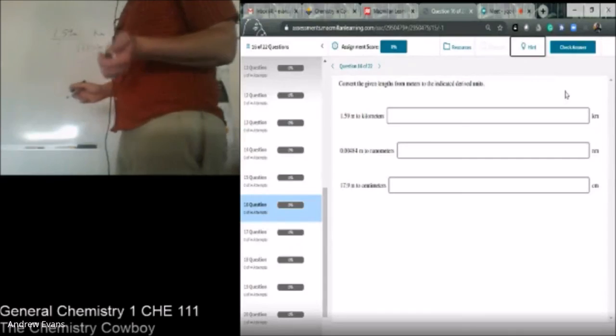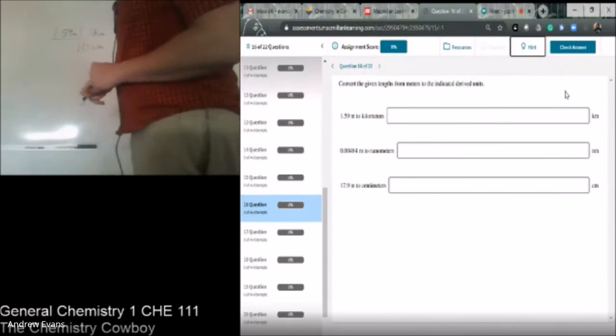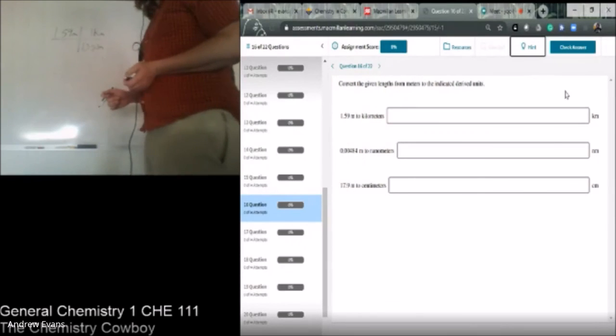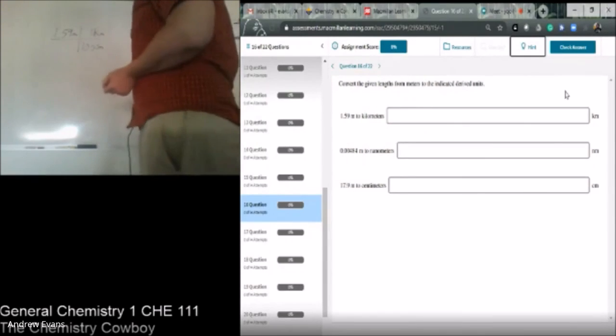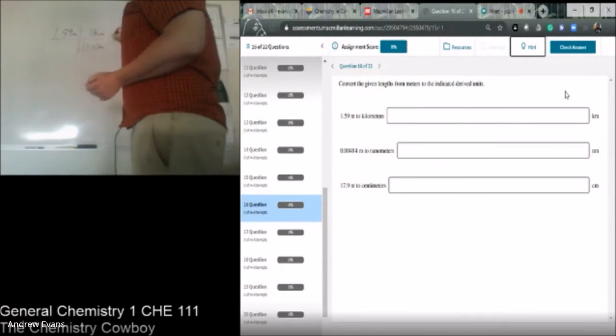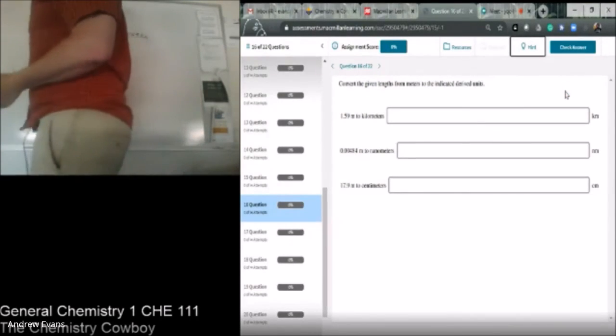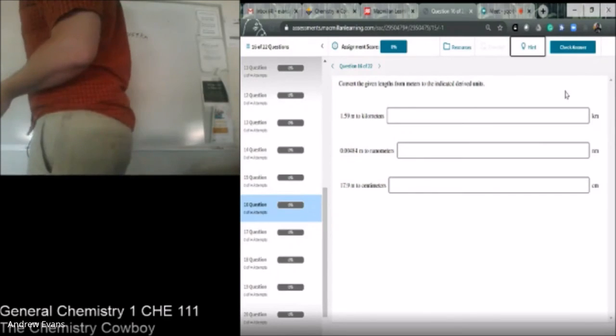It doesn't say to put this in scientific notation, so all we have to do is say 0.00159 kilometers. Just make sure you have the correct number of zeros.